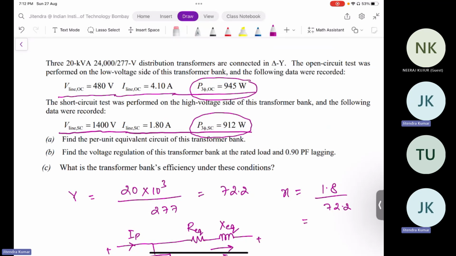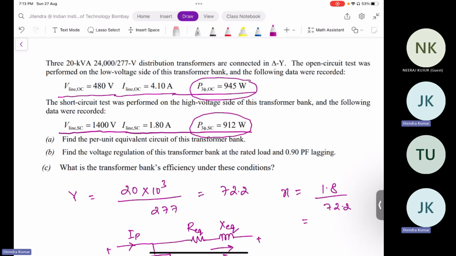One problem we did in a single phase transformer was similar to this, where it was mentioned on which voltage side the parameters were given. In a single phase transformer there was no star delta, but here we have to take care of star or delta. The high voltage side is delta connected, so we have to figure out the phase value of the short circuit voltage data and the phase current of the short circuit test data.